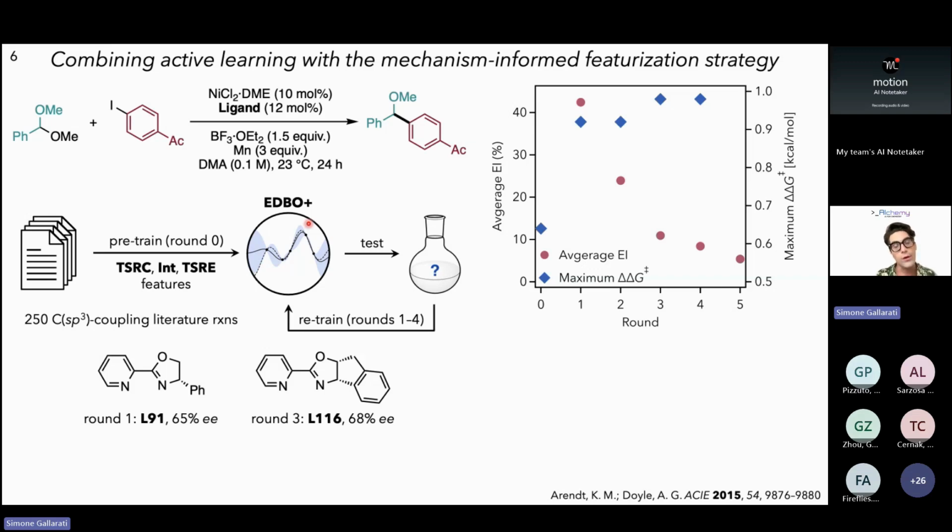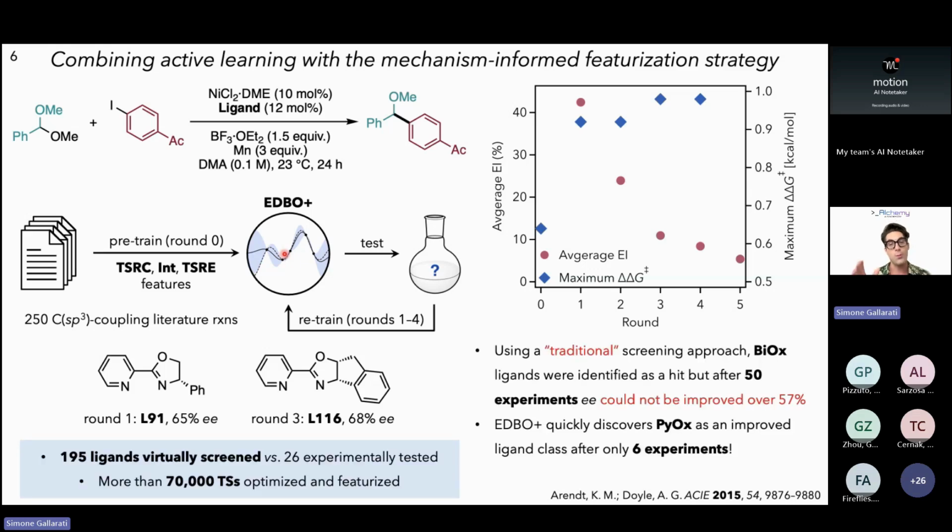This was another nickel-catalyzed cross-electrophile coupling reaction, where we combined our featurization strategy with active learning, specifically EDBO+, which is the Doyle Lab's Bayesian optimization platform. Our featurization strategy allows us to use all of the relevant transformations from the literature to pre-train our optimizer, specifically our GPR model. We can then use it in this active learning strategy, where we use Bayesian optimization to survey the ligand space, exploring and exploiting it. By performing only a minimum number of experiments, we were able to identify a ligand class that was promising for this transformation.